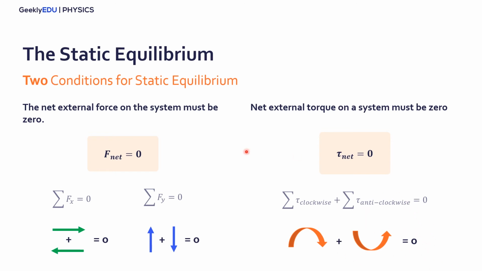If we have these two conditions, we have static equilibrium. So stay tuned now because we're going to solve a practical example that will make things much clearer.